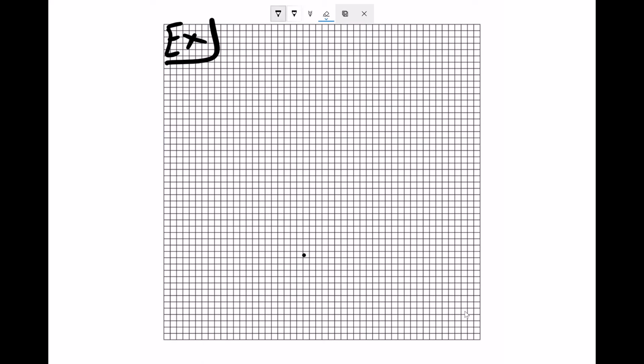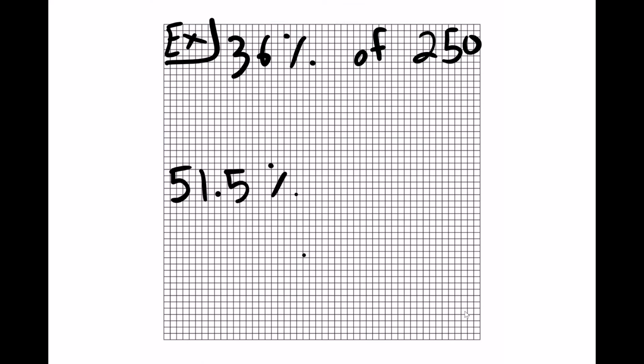Okay, let's say we want 36% of 250, and we want 51.5% of 200.